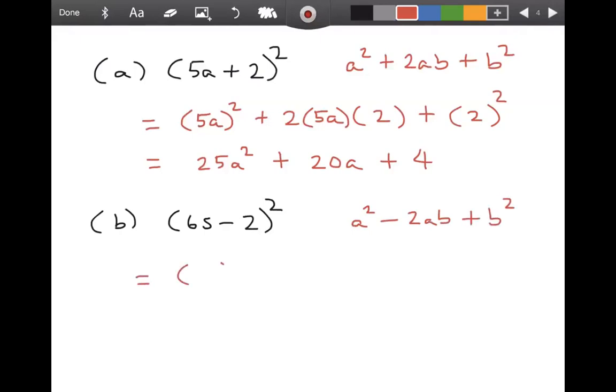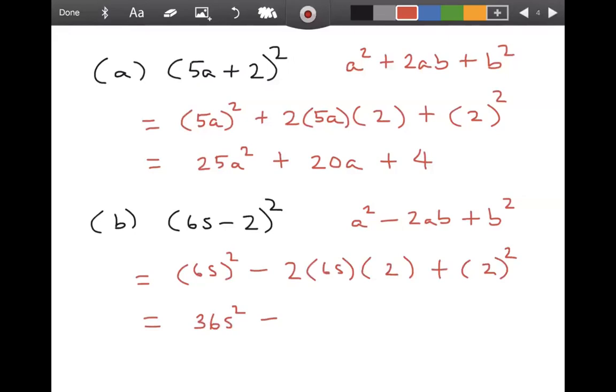So this one is going to be blank squared minus 2 blank blank plus blank squared. 6s goes here and here, 2 goes here and here. And our final answer is 36s squared minus 2 times 6s is 12s, 12s times 2 is 24s, plus 4.